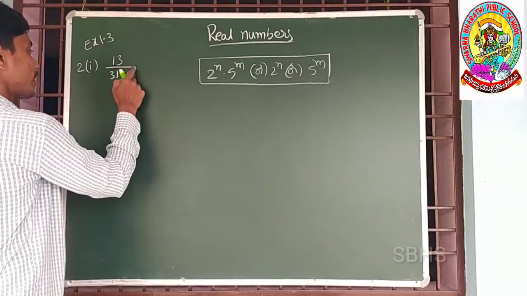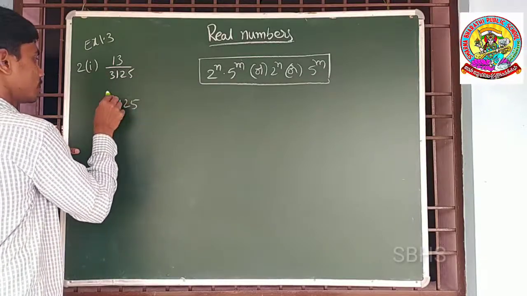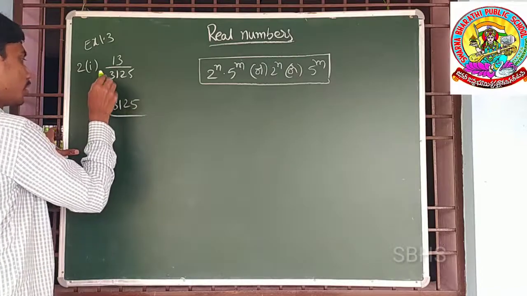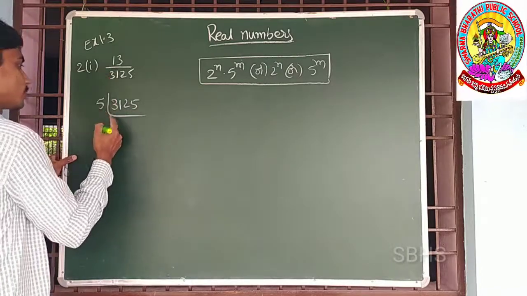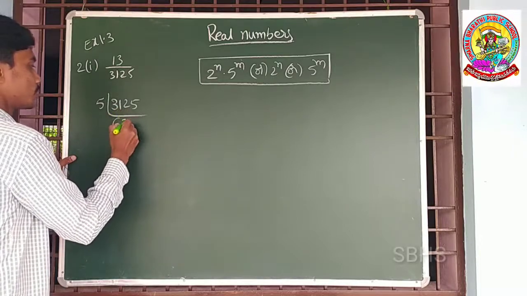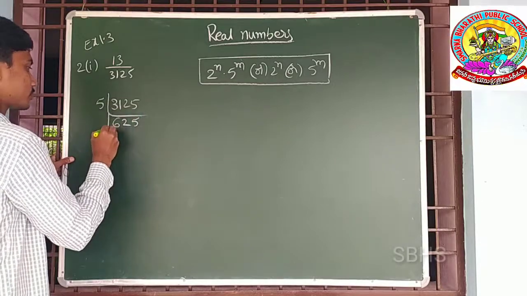So try to find the prime factorization of 3125. It ends with 5, so first of all divide by 5. 5 times 6 is 30, again 12 is there, 2 times 5 is 10, again 25 is there, 25.